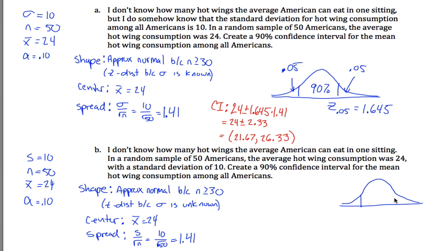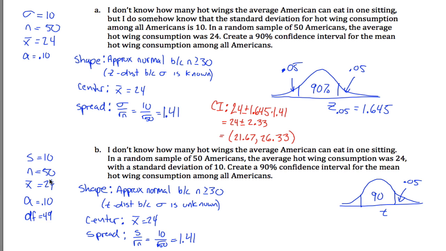What will change, in my little picture here, is that I still have 90% in the middle, meaning 5% out here, but now it's a t value I want over here. So I'll add one more row: degrees of freedom are 49. If you go to your table, you don't have a row for 49, so 50 is pretty close.